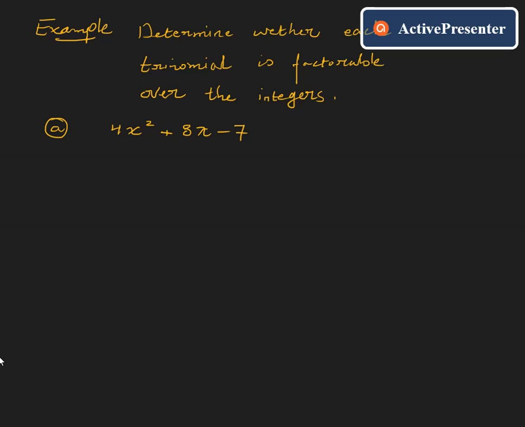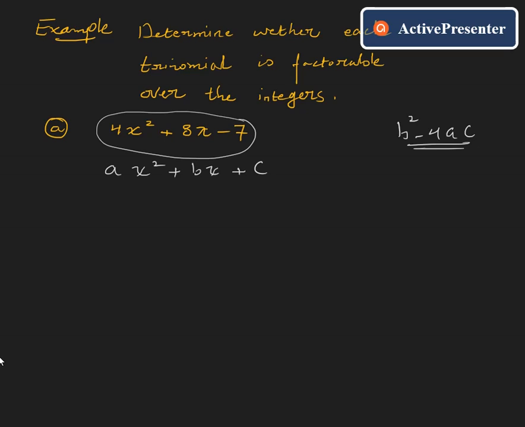We need to find whether b squared minus 4ac is a perfect square. Here this is in the form of ax squared plus bx plus c, right? a is 4, b is 8, c is minus 7.